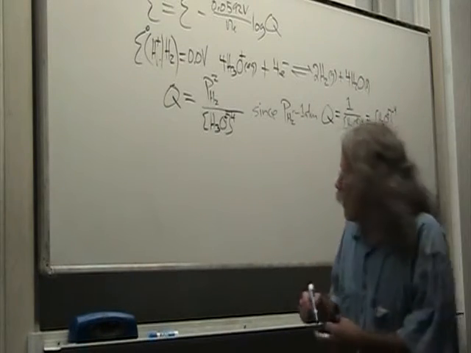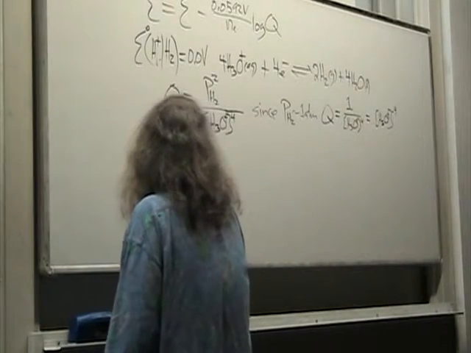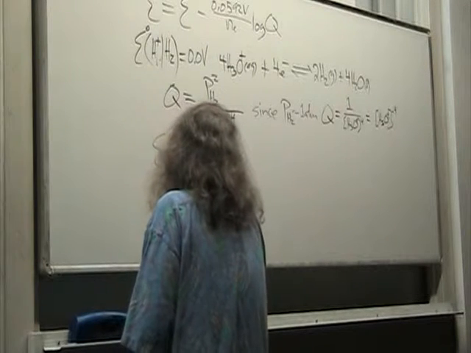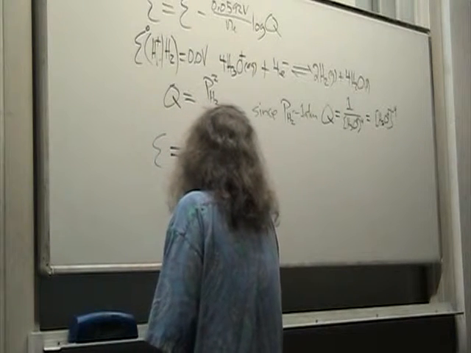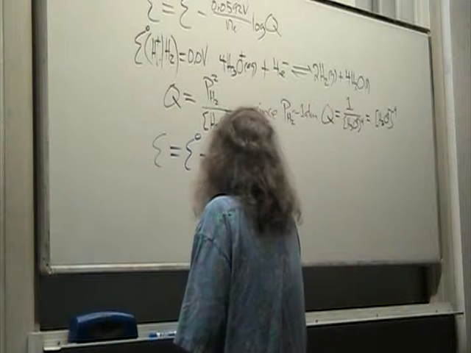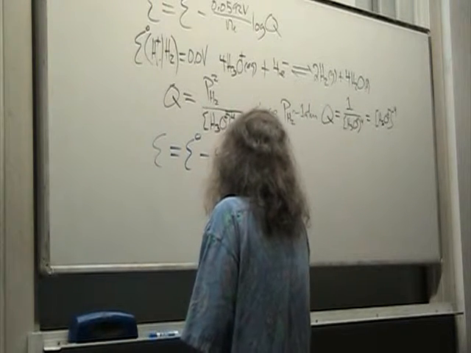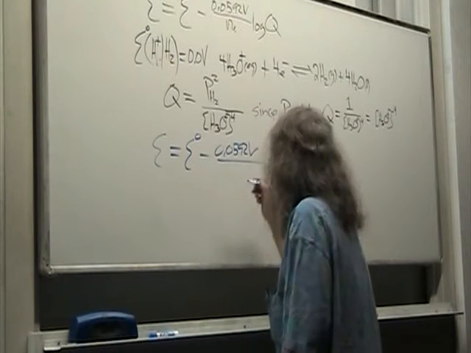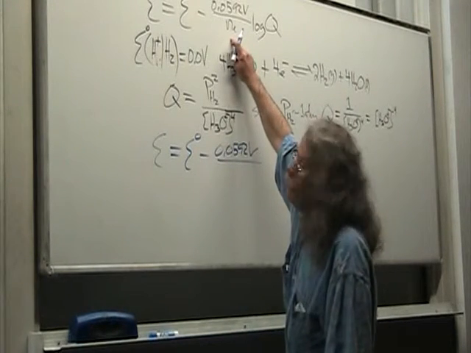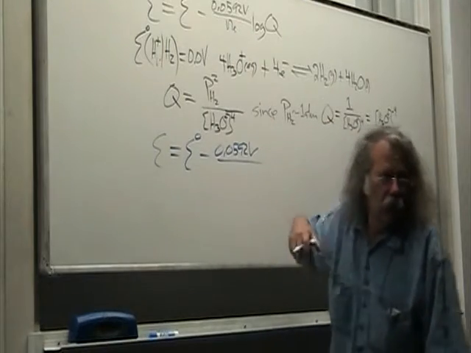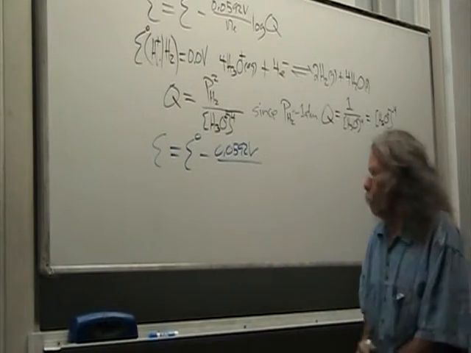And so now we'll plug it into the equation. And what is n in this one? How many moles of electrons? 4. Yeah.